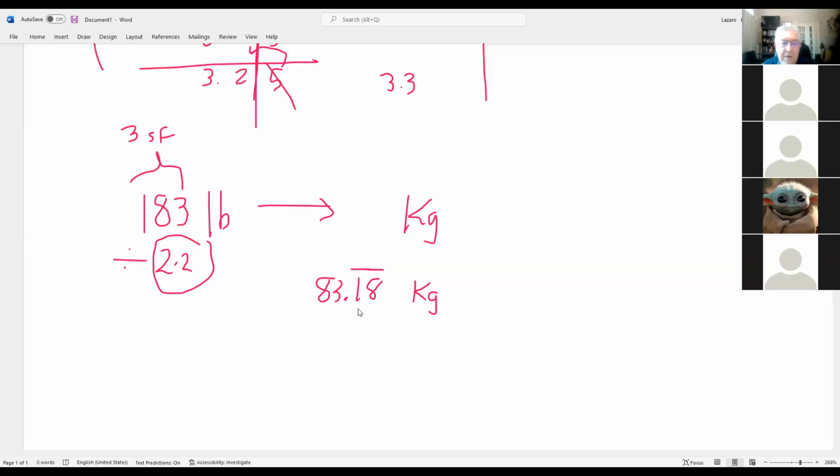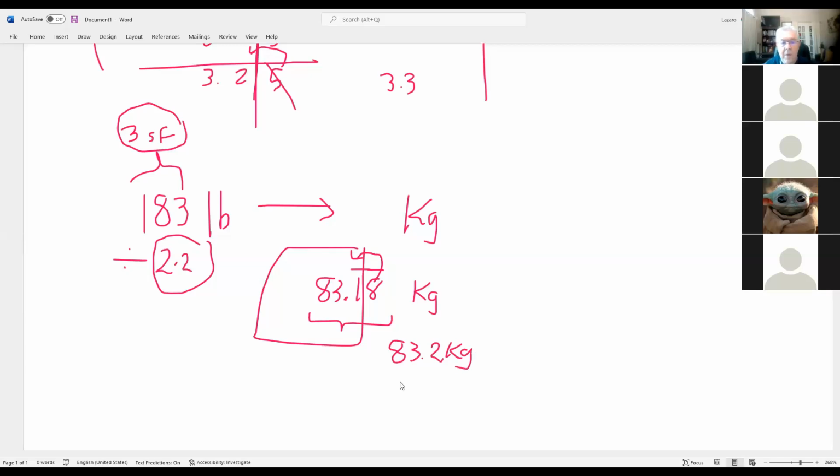How many significant figures am I supposed to report? Since I have 3 here, I have to report 3. This number is higher than 5, so you have to round up, and your answer will be 83.2 kilograms. Questions?